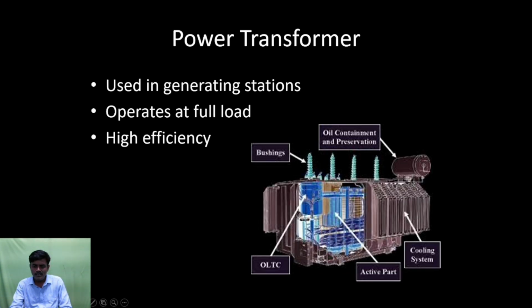When the oil is heated up, it automatically tries to circulate through the cooling fins, which are small pathways. Then the atmospheric air strikes the cooling fins, and the heat is transferred from the oil to the atmosphere. The circulation continues until the temperature is reduced to the desired value.